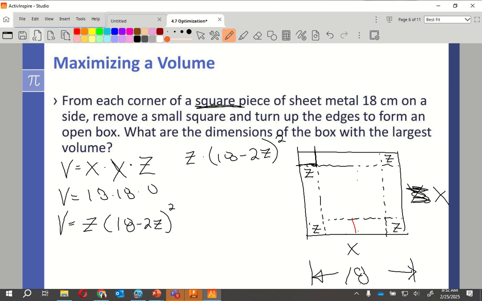If this is 9 and 9, you basically cut off everything, so that is a restriction on my domain. So 9 cannot work. Now 3. If I do 3, this would be 3 and 3, and since I cut those off in between, how much is left in the middle? 12.